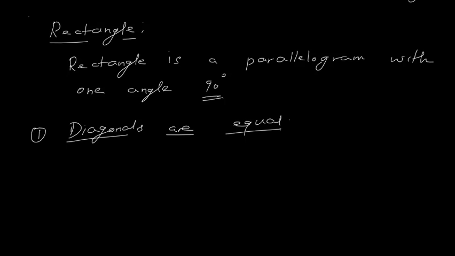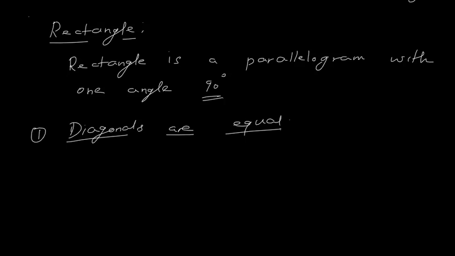And if you measure diagonals, they are equal in length. In case of parallelogram, we have discussed that the diagonals bisect each other, but regarding their length, we haven't discussed anything. So if lengths are not equal, we simply say it is a parallelogram, and when lengths become equal, then it is a rectangle.